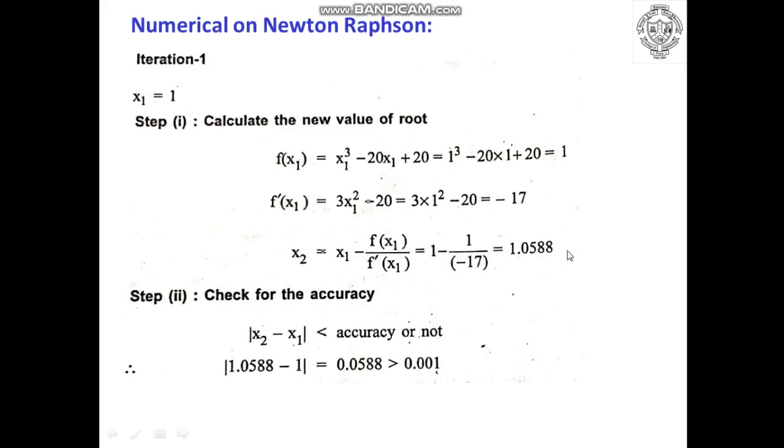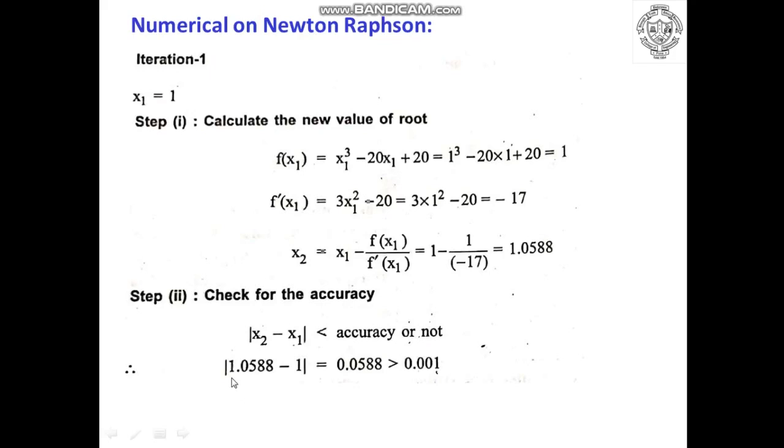1.0588. So now we are at the end of first iteration because we have found out value of new approximated root, that is x2. So we have to check the accuracy. The condition is: absolute value of subtraction of x2 and x1 must be lesser than accuracy or not. We have to check this. So I will put all these values in the condition.